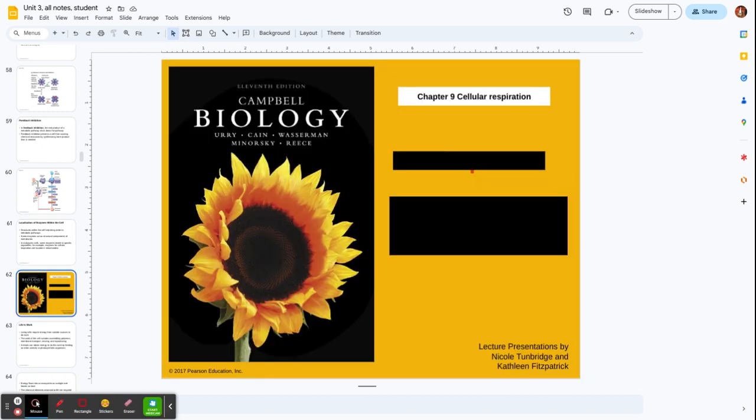Now, this looks like a badly redacted, well, it is a badly redacted slide.